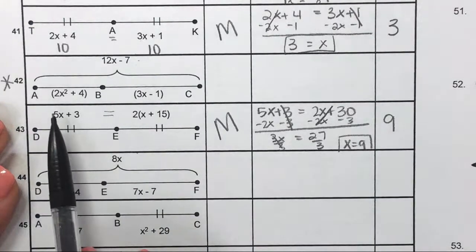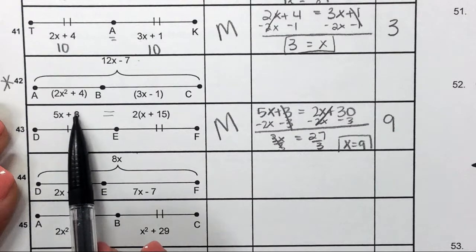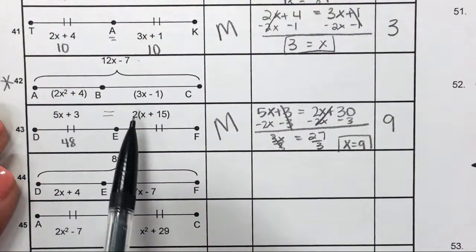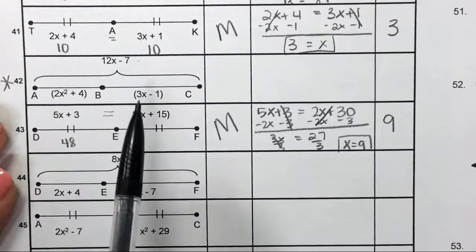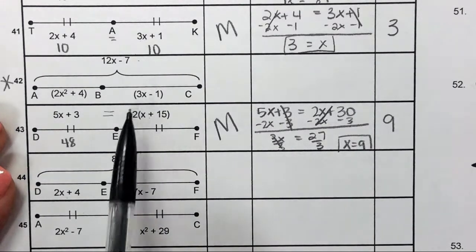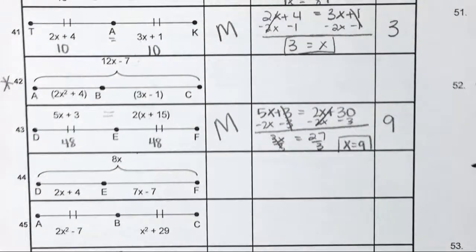So if x equals 9, what's 5 times 9? 46, 47, 48. And what's 9 plus 15? 24 times 2 is 48. So it works.